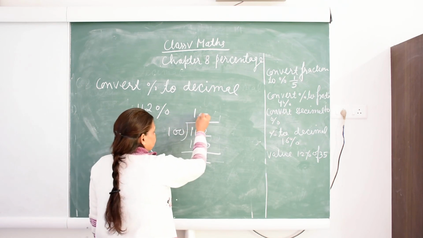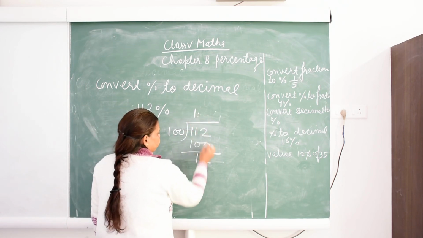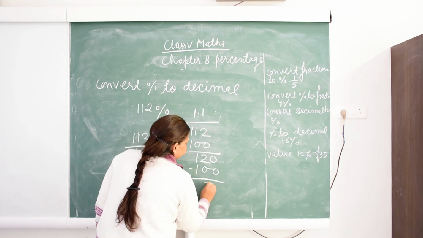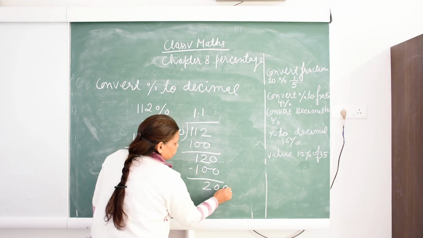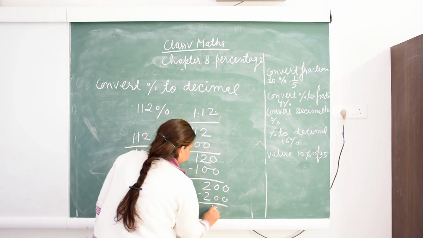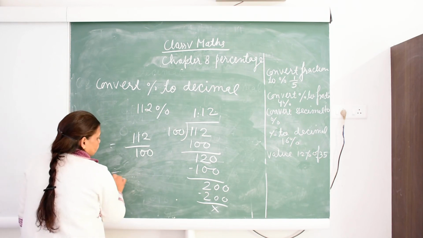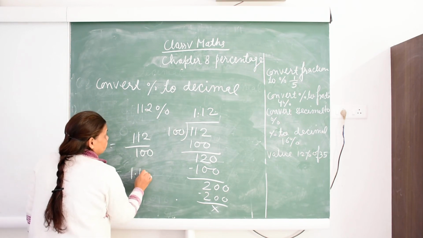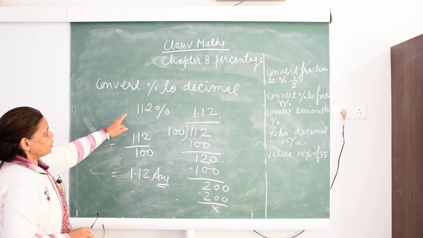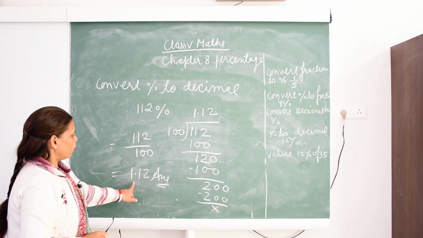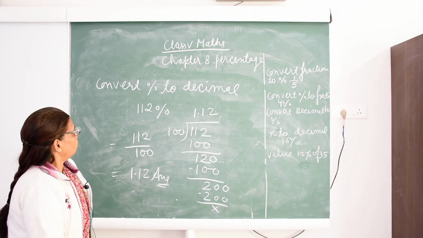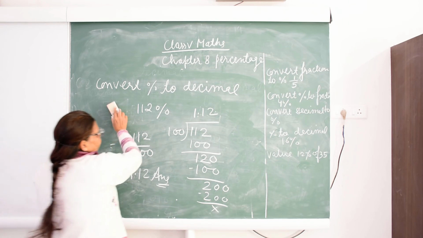Now again we will put the decimal here, 0. 100 ones are 100. Again put here 0. Now 2s are. So 1.12 is your answer. 1.12 is the decimal form of 112%.